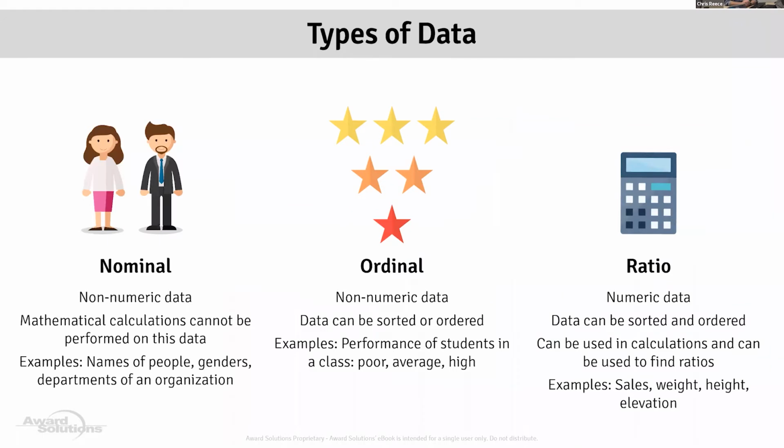We could have nominal data, ordinal data, or some type of ratio data, numeric data. So we can draw a line here, and we can separate this into really two categories. We have numeric, and we have non-numeric.